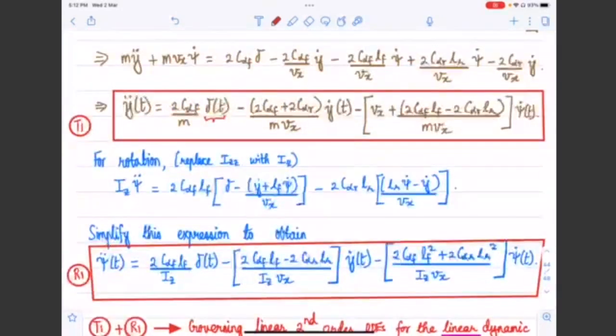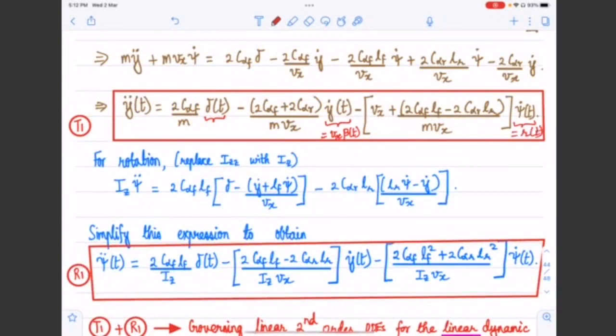Okay, so y dot, if you recall, now we can rewrite this as Vx times beta, because beta is essentially y dot by Vx, for small angles. So we are essentially replacing y dot with Vx times beta. And psi dot is going to be equal to r of t.